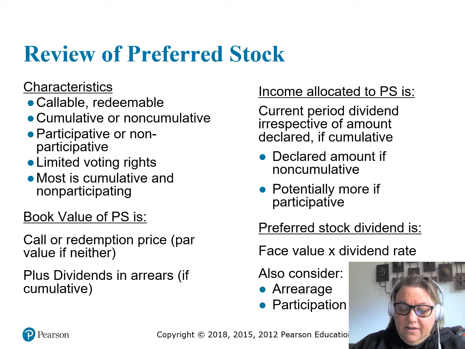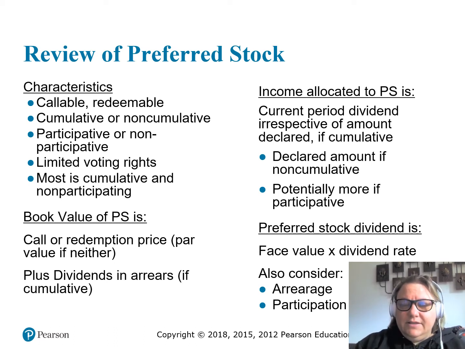So basically, like I just explained with cumulative and non-cumulative, common basically gets whatever is left over. Usually, if it's a good year for dividends, preferred stock will get a little tiny portion of the dividends, and then common will get the rest.